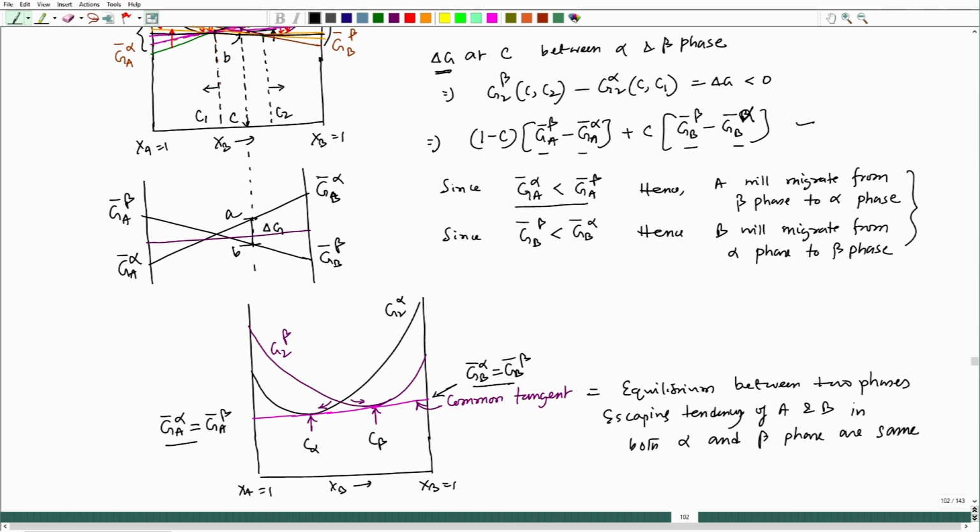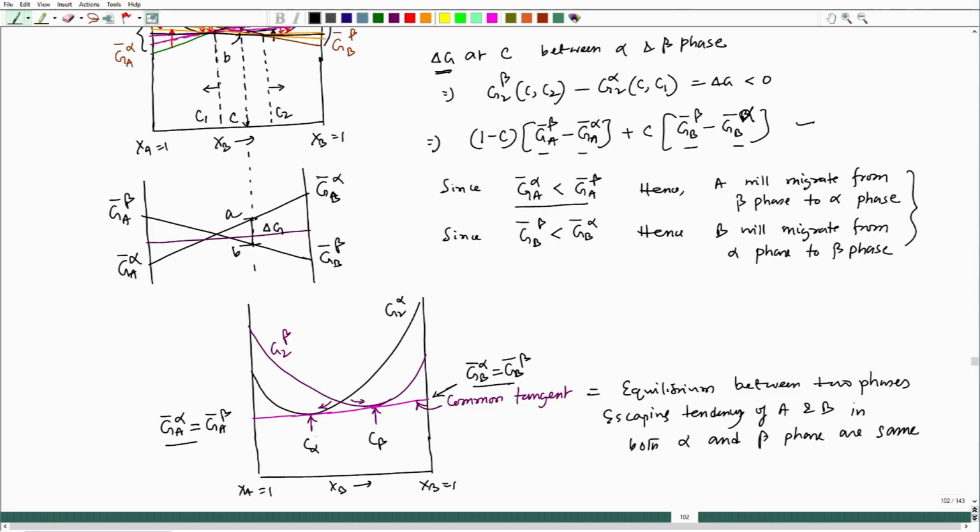Okay. So, now why have we started doing this? Just to understand why we need to construct common tangent to understand the chemical equilibrium between 2 phases. And here another interesting point is that equilibrium between alpha and beta phase is applicable only at two composition points. So, those two composition points are this one and this one.